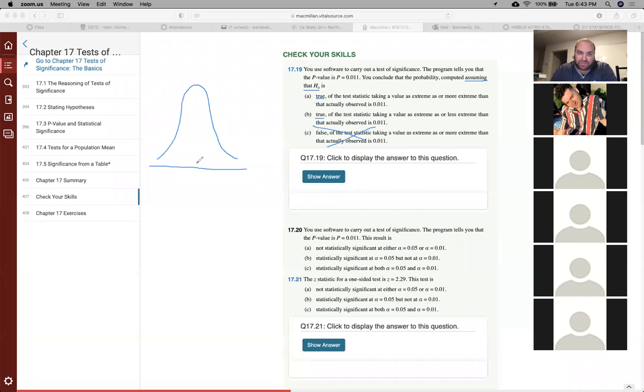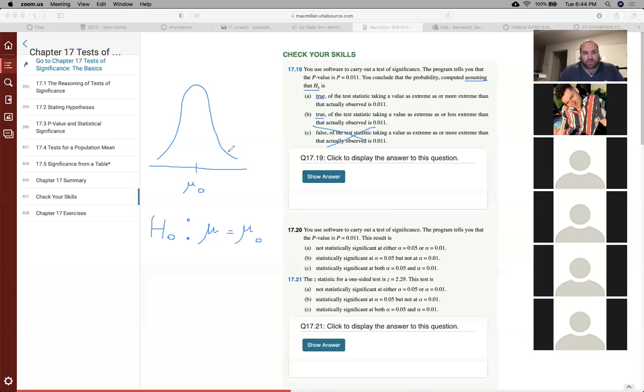The null hypothesis is going to claim that the mean is some specific value, usually labeled as mu naught. Mu naught could be 0, it could be 5, it could be -3, I don't know. But the null hypothesis is that the mean is a specific value.